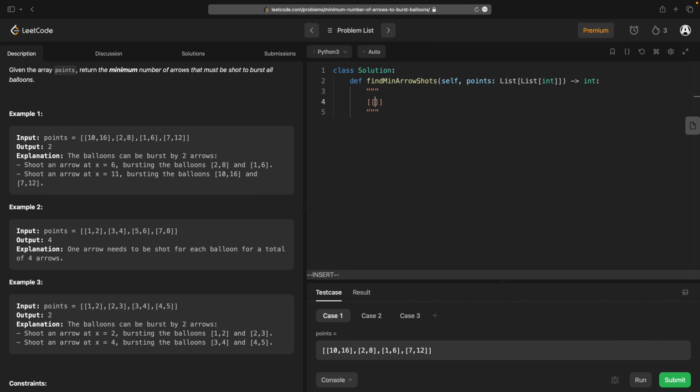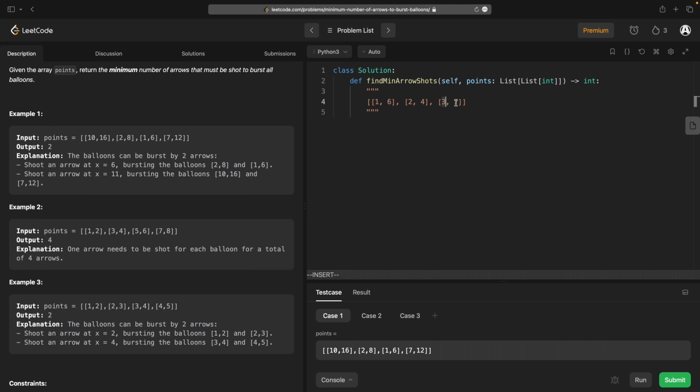What if I had [1,6], [2,4], [3,7]? No, this would collect everything up to 6.